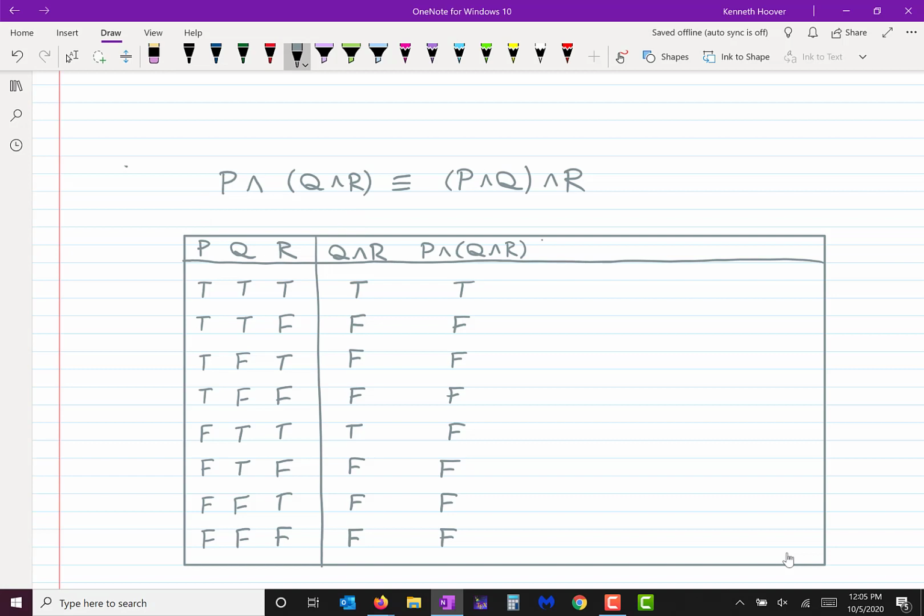All right, now let's build up to this one. So I need P and Q. All right, I just need to look at these two columns. So we should have true, true, and the rest will all be false.